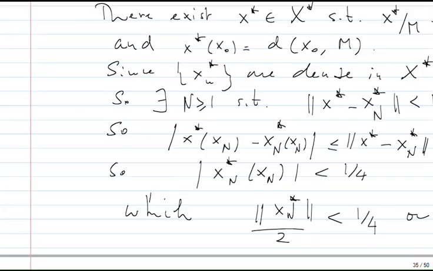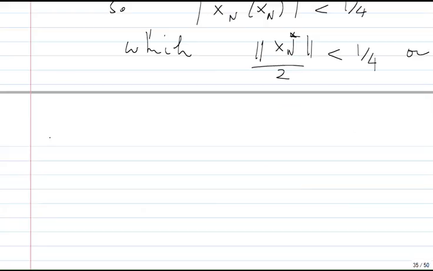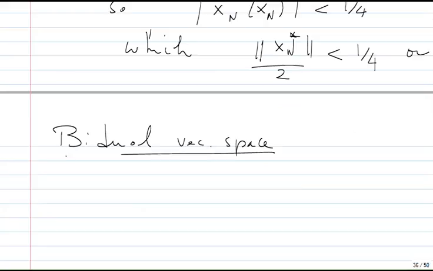Okay, next we introduce what we call the bidual vector space, which is very natural, the same way we did for x. So x is a normed vector space.